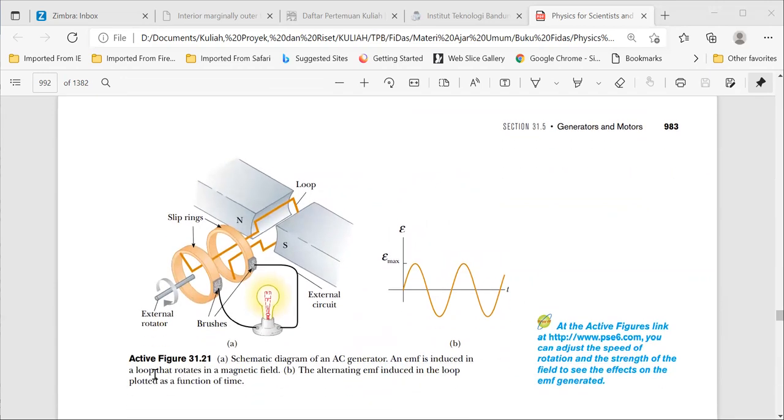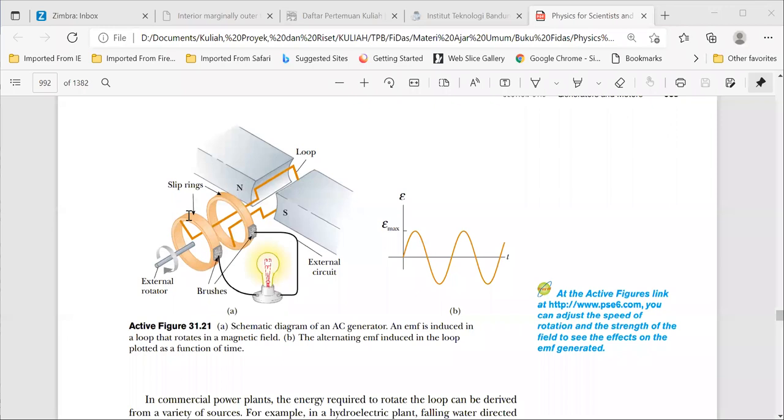So this is the external rotator, and this is the loop, and this is the permanent magnetic field. So for example, if you have this water generator electrical station, PLTA, pembangkit listrik tenaga air. Jadi external rotator ini akan digerakkan oleh air, arus air, sehingga loop ini akan berputar.